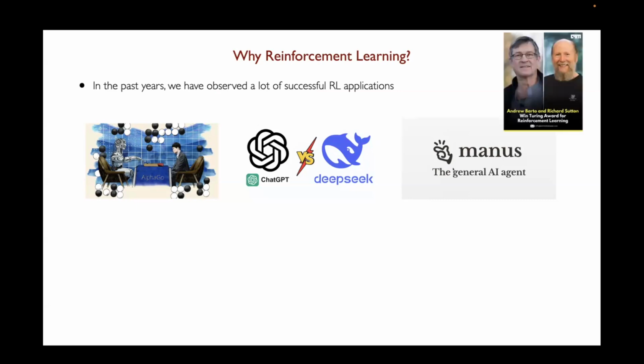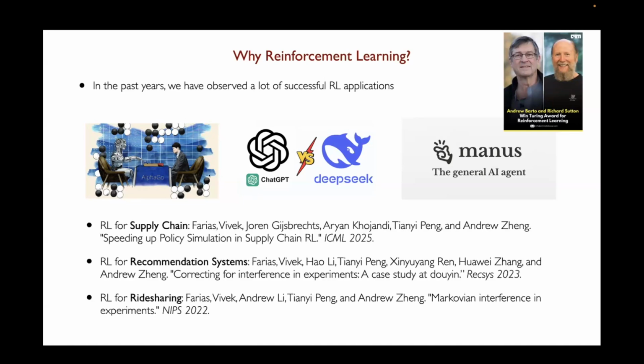And this year, the Turing Award was awarded to two founding fathers of RL. I think that's a sign that RL is everywhere, and we do want to explore how to use it for different applications.